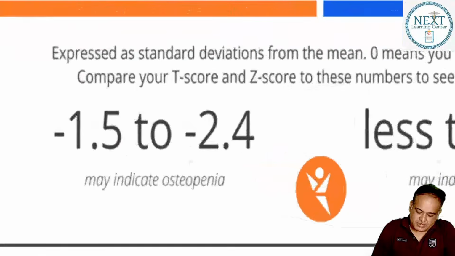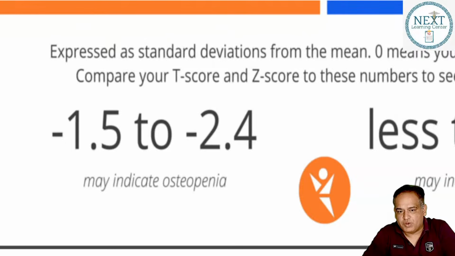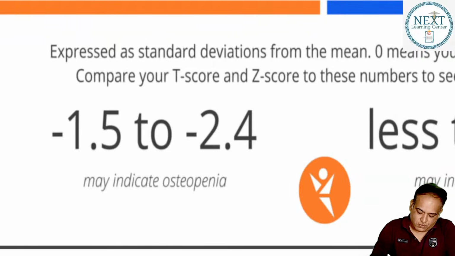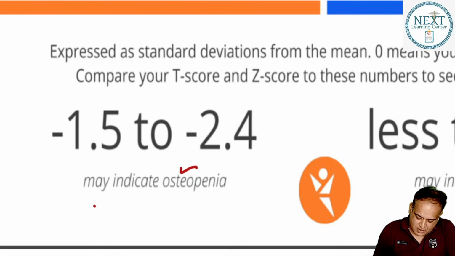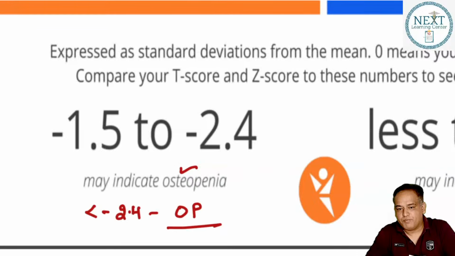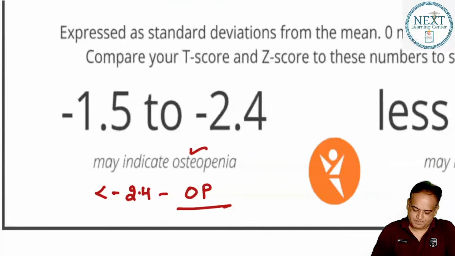So when the T score is between minus 1.5 to minus 2.4, we say that our patient has got osteopenia. When it is less than minus 2.4, we say that our patient has developed osteoporosis, right?